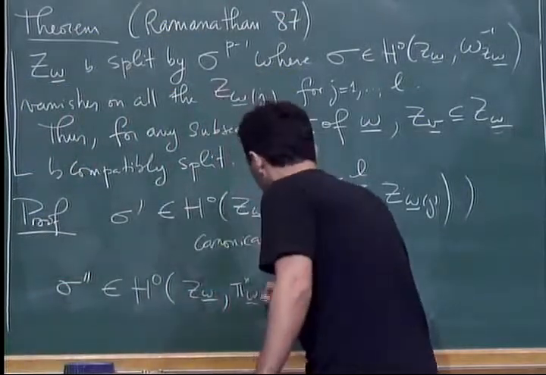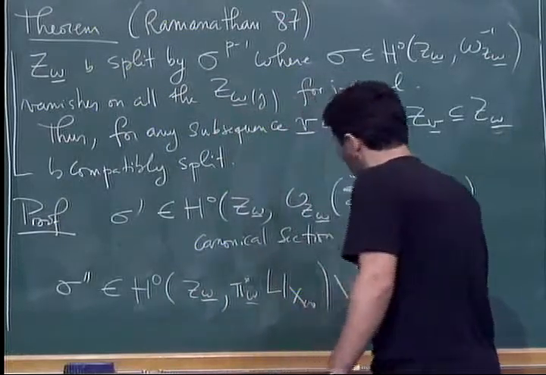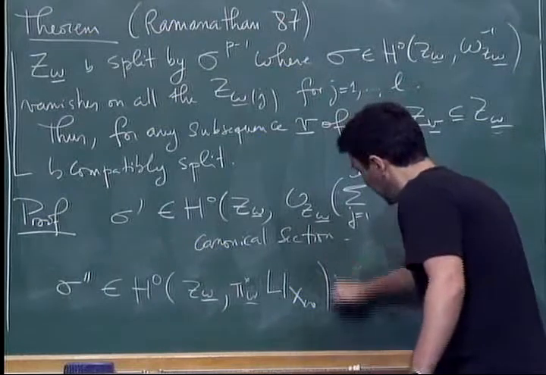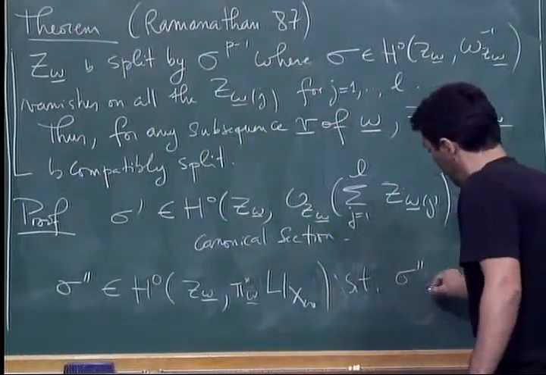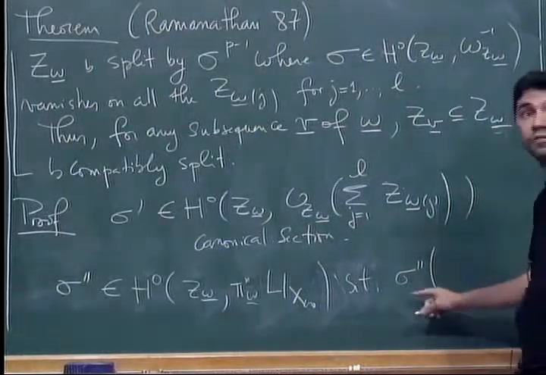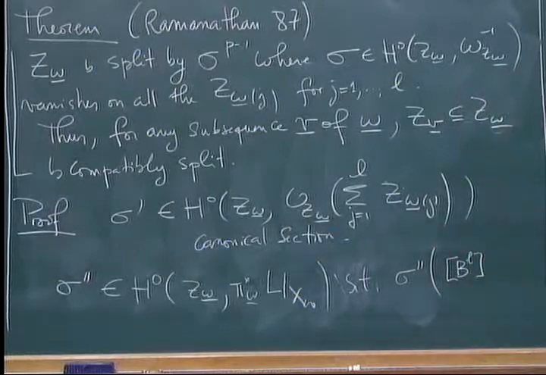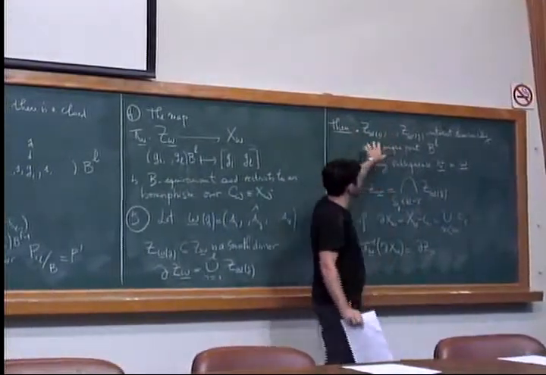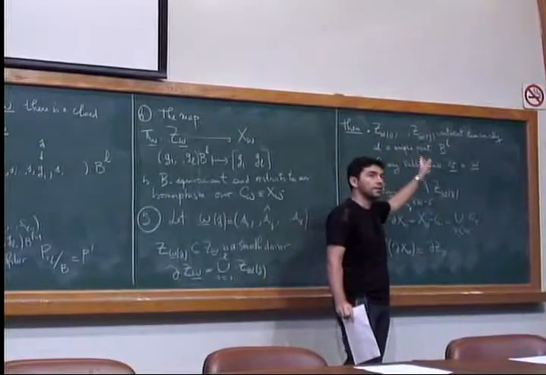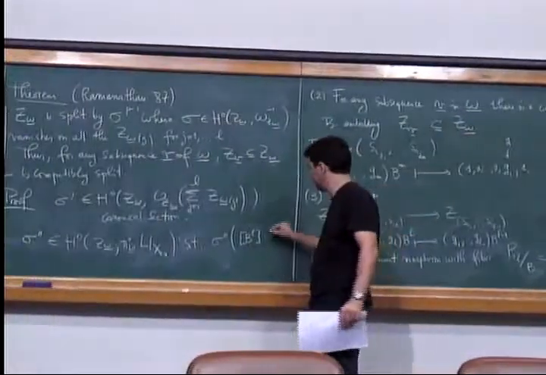Take the pullback of the line bundle restricted to X omega: any non-zero section, or in any case any section such that sigma double prime does not vanish on the very special point here. We know that the Z omega j intersect transversally at some point, so the only condition on sigma is that it does not vanish here.